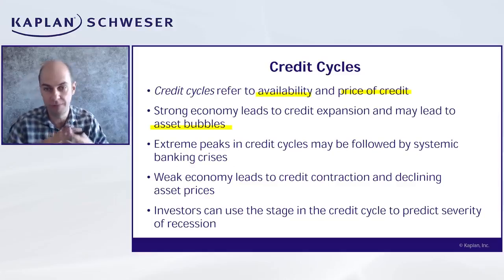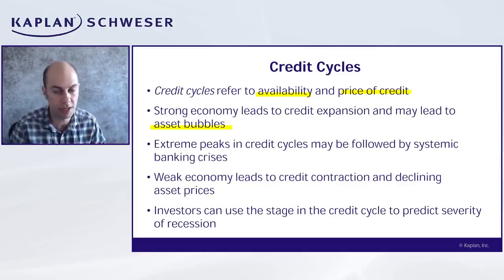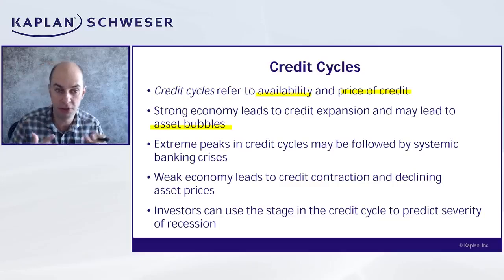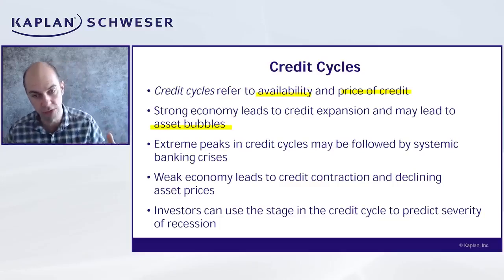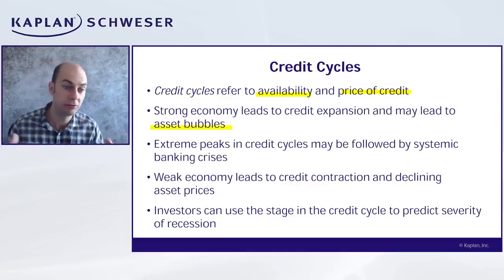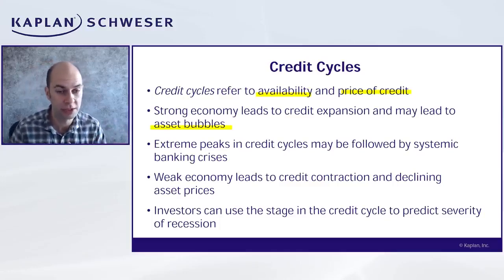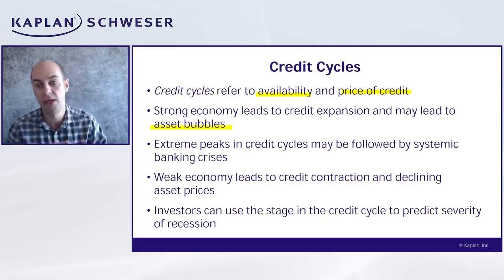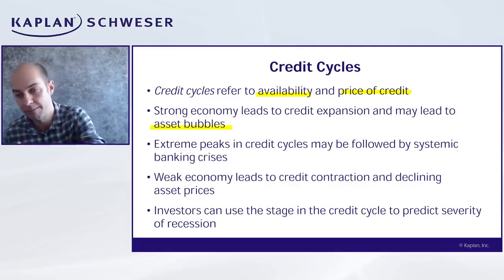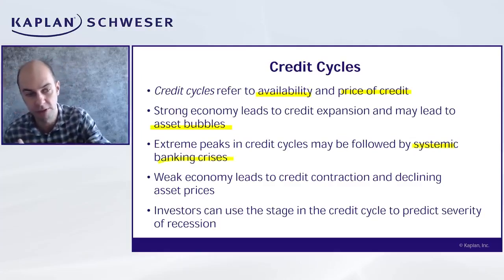So if you come from the Austrian School of Economics, you're gonna talk a lot about credit expansion, credit contraction being a big driver, right? So when we have credit expansion, that's going to fuel the economy up. When we've got credit contractions, of course, that's going to do the opposite. So extreme peaks here in credit cycles may be followed then by systemic banking crisis.